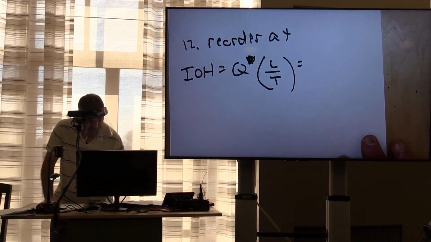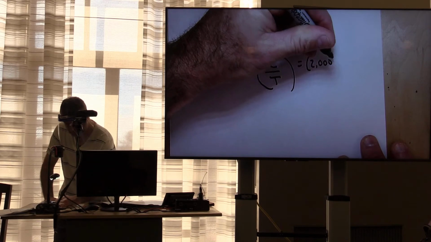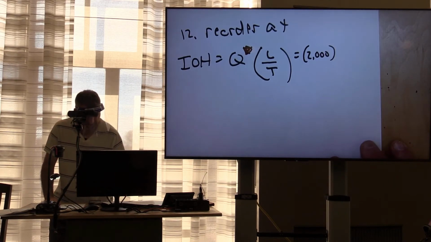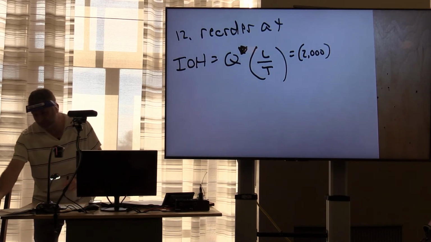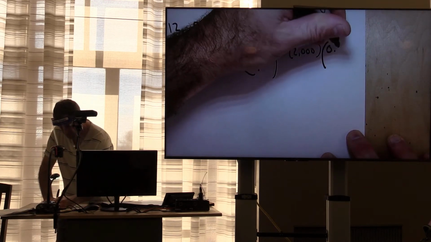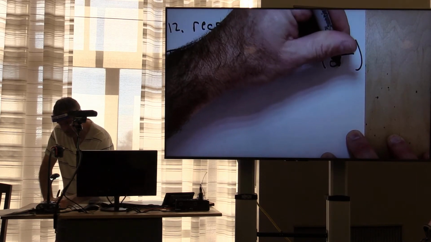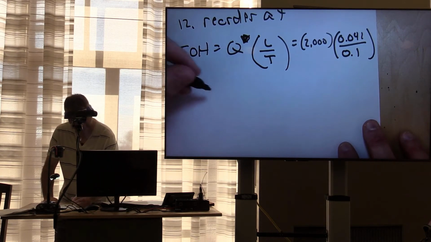Our Q there was 2,000. Our L was 0.041. T was 0.1.